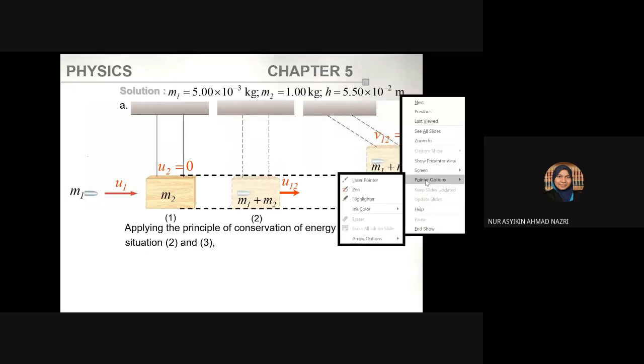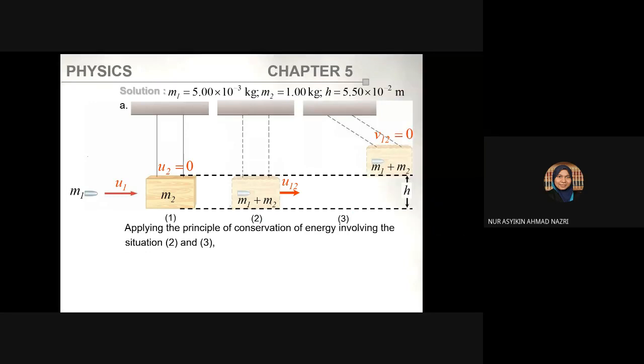So we can equate them. So with the principle of energy, we have maximum kinetic energy here. With this velocity, it makes a height, reaching the maximum level, which means that is the maximum potential energy they will have.